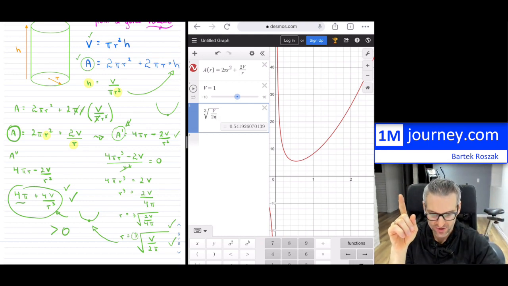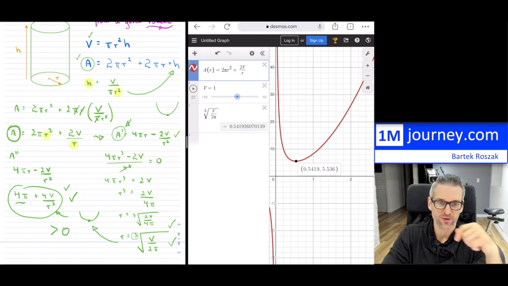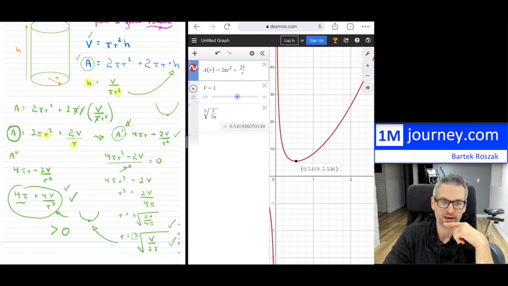The smallest surface area we have is at this point, where r is equal to the third root of the volume divided by 2 pi, which, if you look at the decimals on the left-hand side and on the plot, are equivalent to each other. And the y value on the plot, 5.536, at least for volume equal to 1, would be your actual surface area. So that's the minimum surface area that you would have.